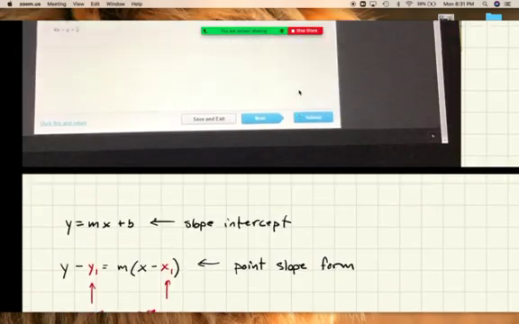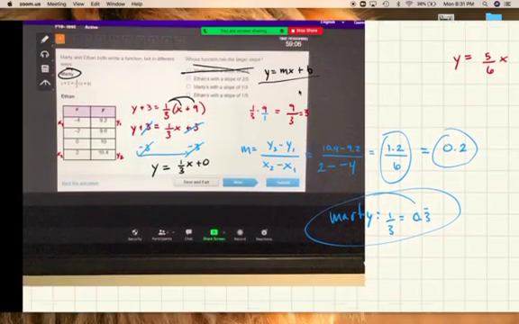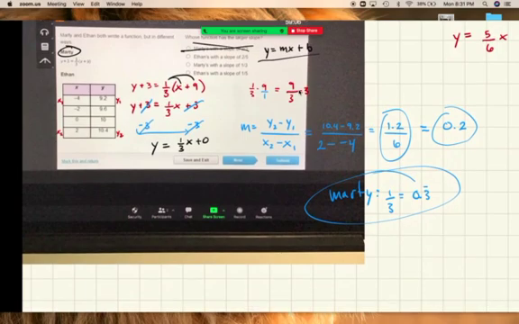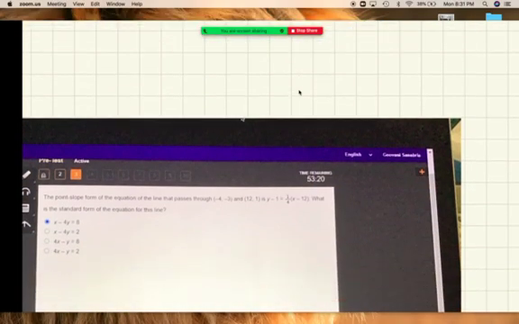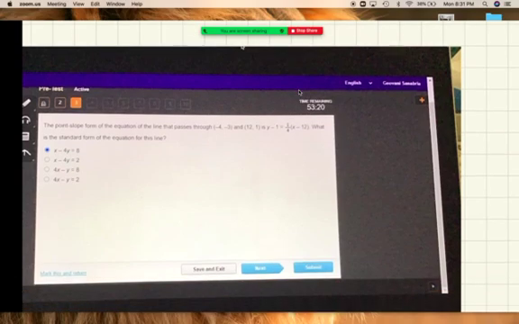It's kind of similar to what I did right here, except you're getting almost everything over to one side. So here we have y minus 1 equals 1/4 x minus 12.